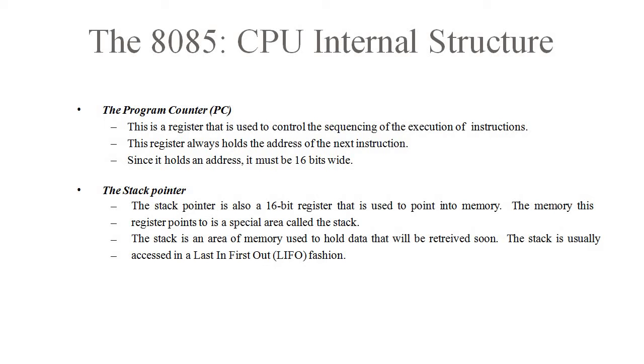This is a register that is used to control the sequence of execution of instructions. The register always holds the address of the next instruction. Since it holds an address, it must be 16 bits wide.